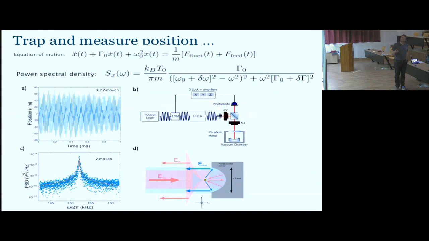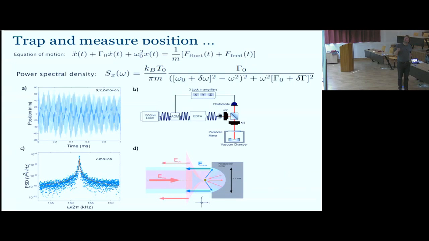So you have damping, which can have different contributions physically, but in the regime of most of the experiments which we do, that is by gas collisions, because there's still a significant amount of gas particles in the background which kick the particle and damp the motion.